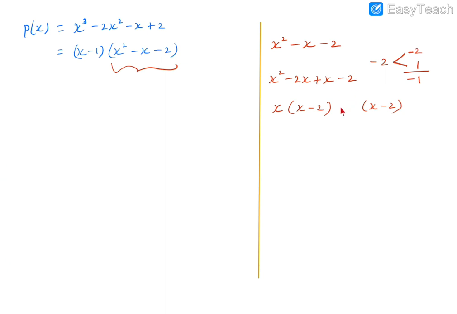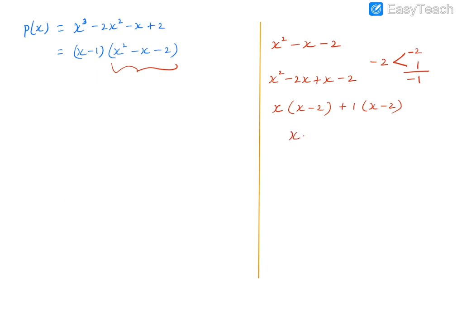So now we have to find a number outside this bracket, which when multiplied with this x minus 2 gives us the second half of the polynomial. That number clearly is going to be plus 1, because plus 1 into x is plus x, and plus 1 into minus 2 is minus 2. So now we have the correct numbers.